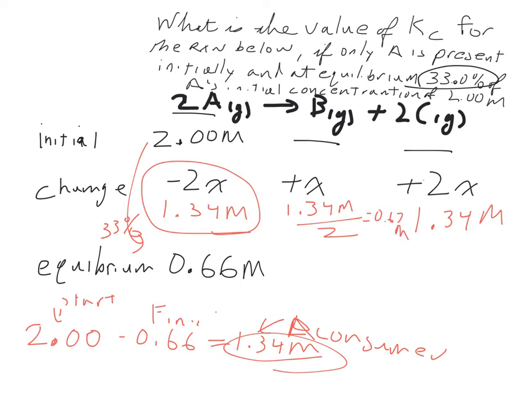So that means at equilibrium then, I had 0.67 moles of B and 1.34 molar of C.